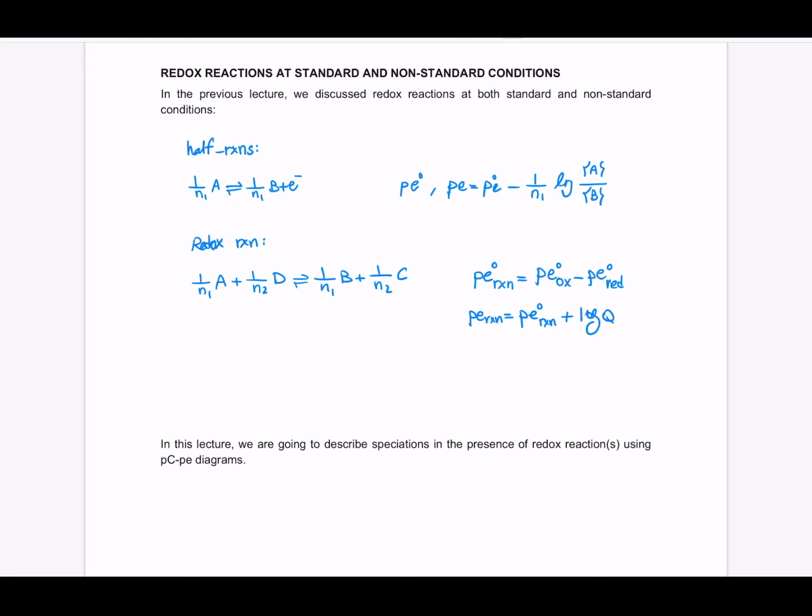We also talked about whether a reaction is spontaneous. So for a spontaneous reaction, which we know delta G of reaction is negative, we show that this means PE of reaction is also negative.